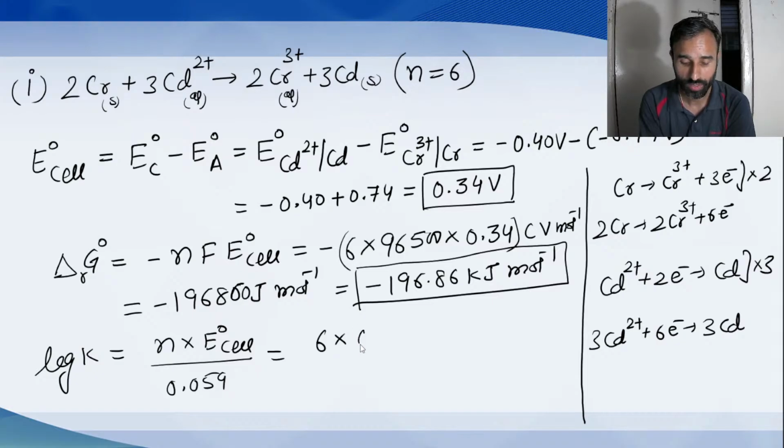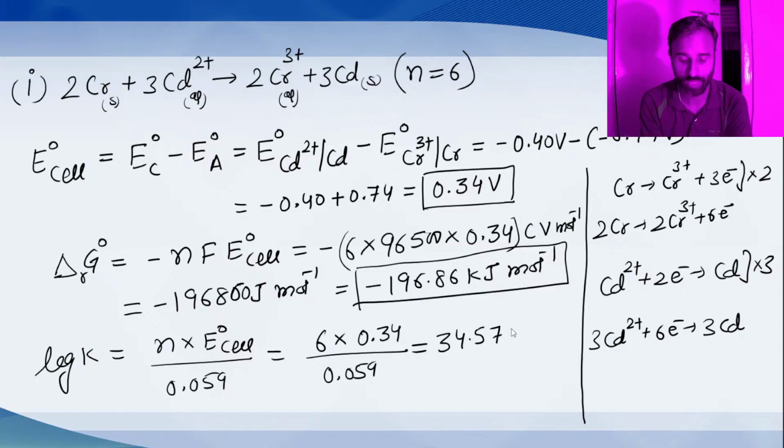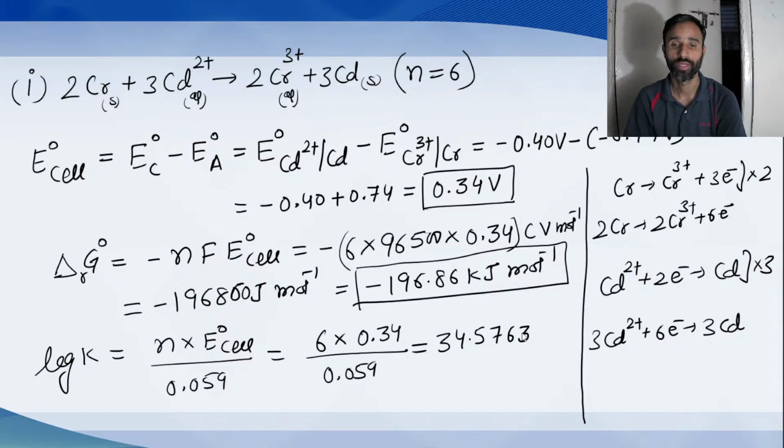And what is E naught? 0.34 divided by 0.059. So it is equal to 6 into 0.34 divided by 0.059, which is 34.5763. Okay.